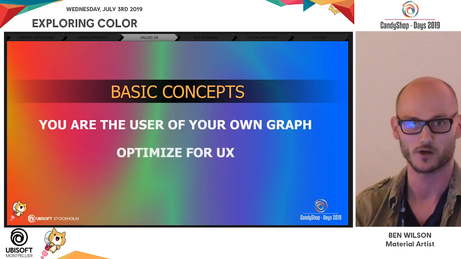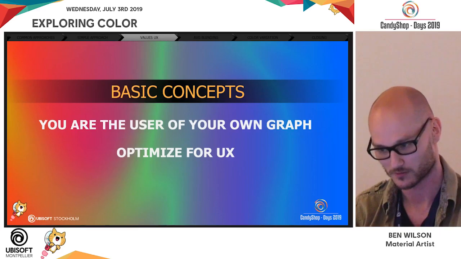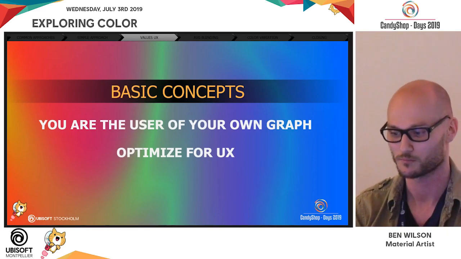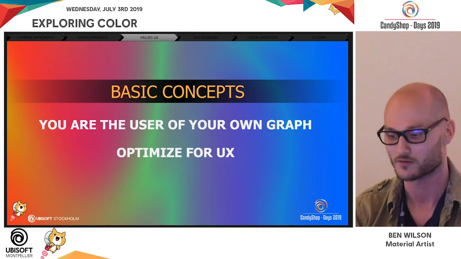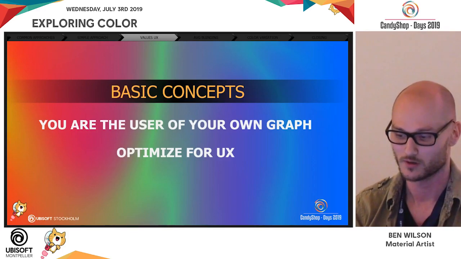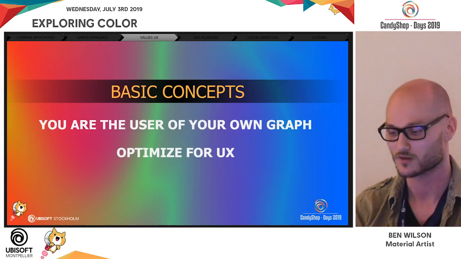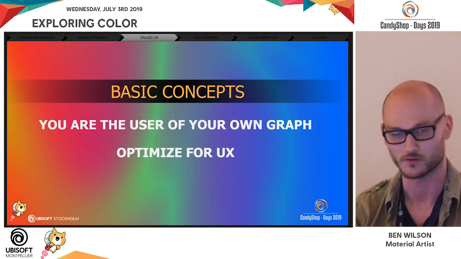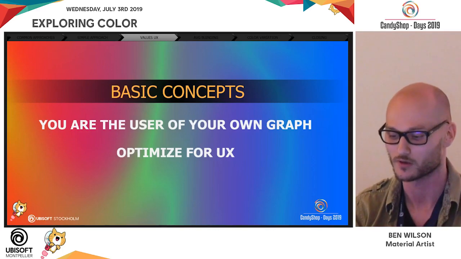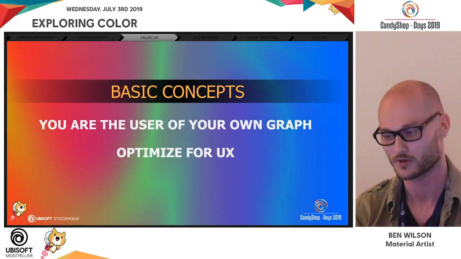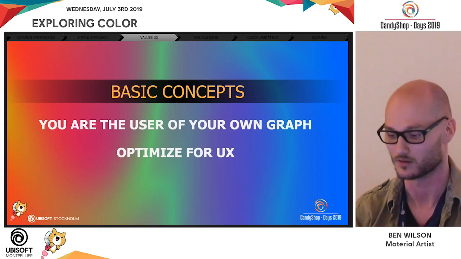So you want to optimize for UX above everything else. If you have too many parameters, everything's just uncontrollable. If you don't have enough, then you can't really be flexible. So as you're working, you're constantly changing stuff, and you need to know how the graph is going to react. And in my opinion, it's better to have a slower setup if it means that you can quickly and easily iterate.